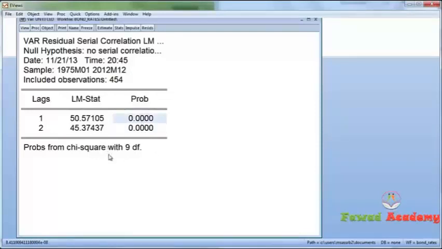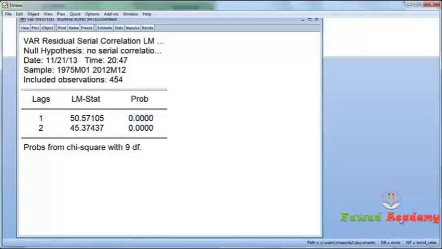So that means that there is certainly first and second order autocorrelation in the residuals of the var 1 model. That means the var 1 model by itself wasn't sufficient to capture all the dynamics.